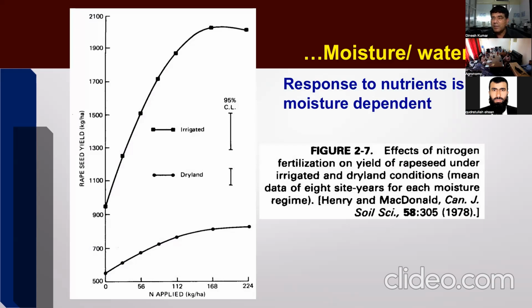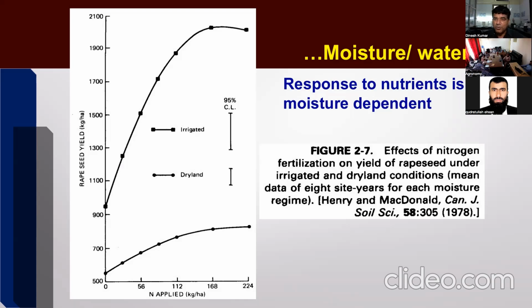Normally, if your water supply is low, drought condition, then you need to apply less fertilizer. If your water supply is increased, then you can increase the nutrient supply, or the fertilizer dose.